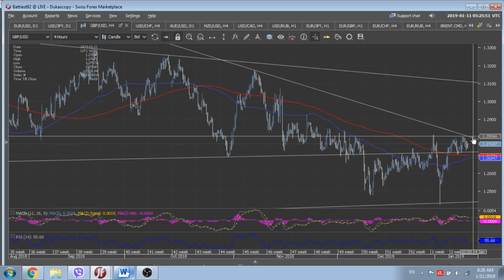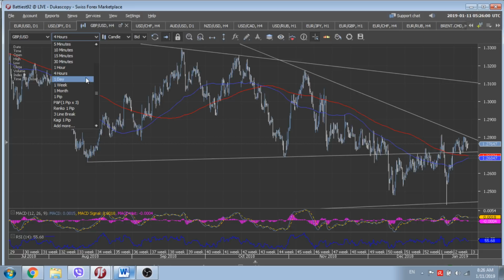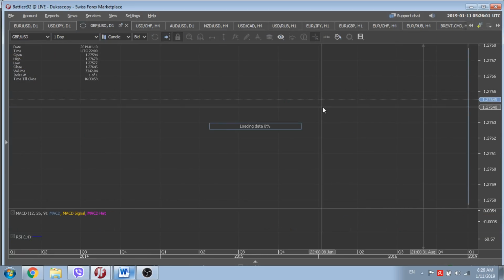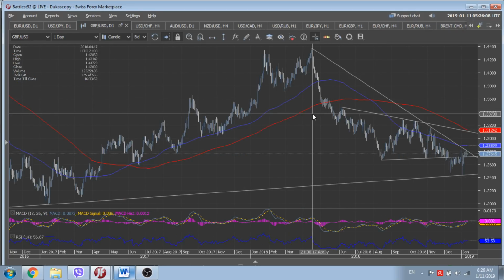There is a downtrend line in the cable located around 1.28, and this downtrend line was drawn from the highs of, let's see the chart, from the highs of 2018.